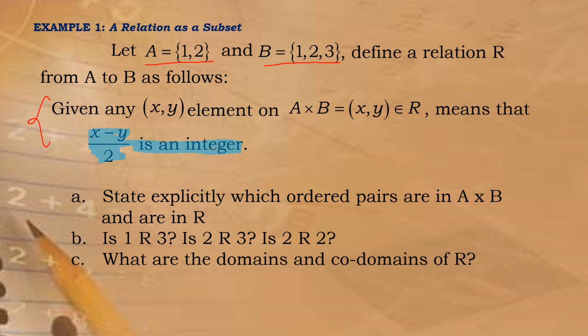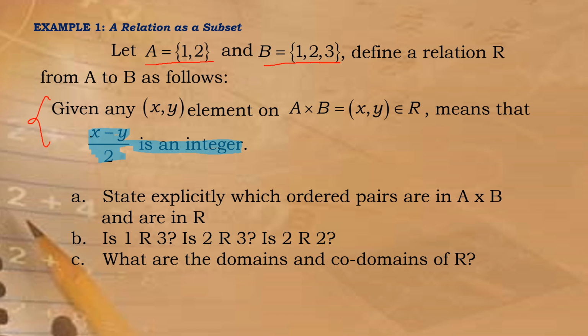When we say integer, the answer for X minus Y over 2 should be a whole number, either negative, 0, or positive. So this is the condition.